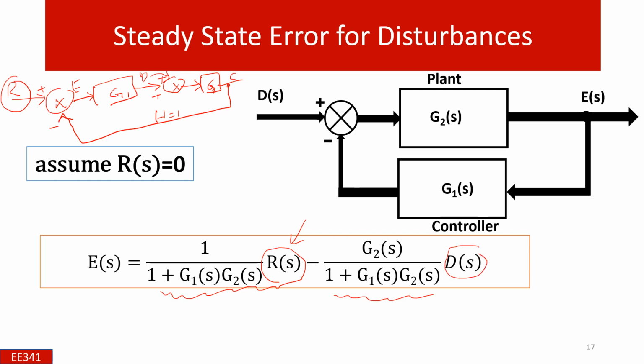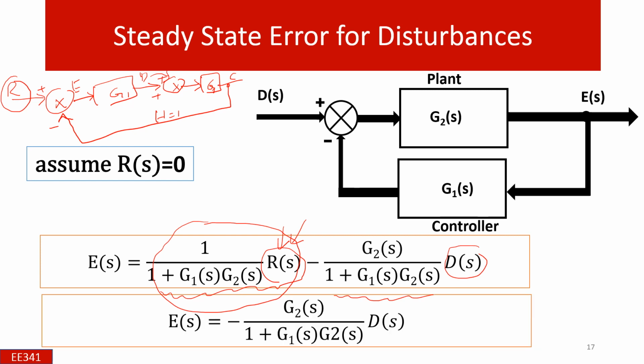If the input value is 0, then this term is equal to 0. If this term is equal to 0, then we have this term, which is equal to this term. And how do we implement this relation in a block diagram?